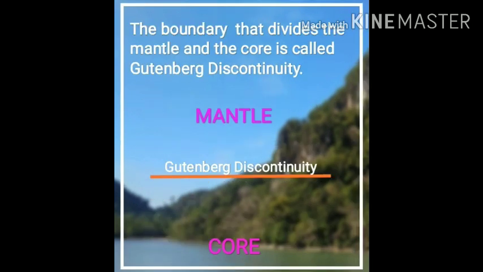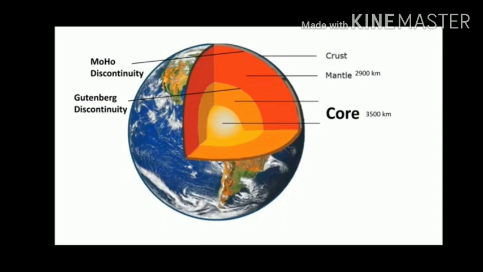The boundary that divides the mantle and the core is called Gutenberg discontinuity. Here in the picture you can see the Gutenberg discontinuity separates the mantle and the core.